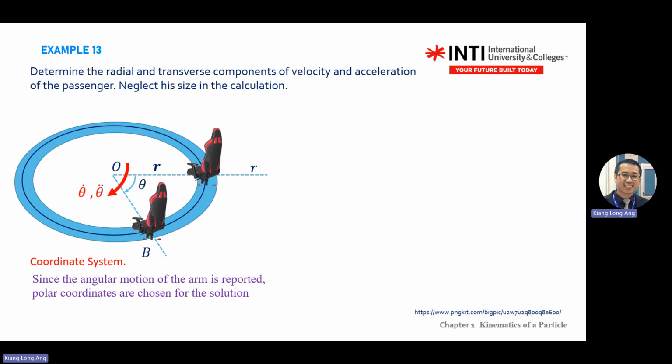R is from the reference point, in this case at the center of the circle, and positive as you move outside, the radius position is positive going out. And the theta, in this case, we are following the chair, the direction, which is clockwise. So this is the theta that you are referring to.